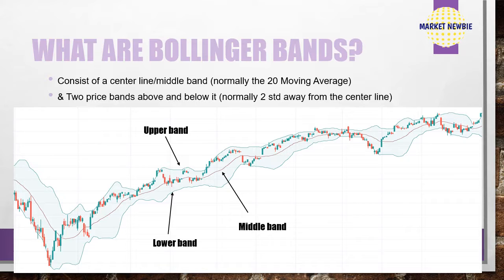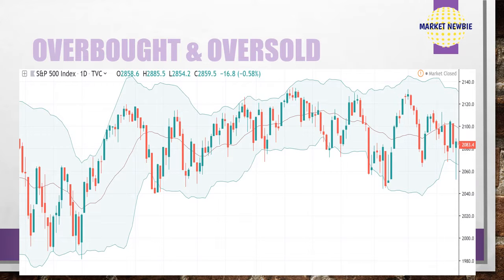There are a number of uses for Bollinger Bands, including determining overbought and oversold levels, following trend, and monitoring for breakouts. A common strategy using Bollinger Bands is to identify overbought and oversold conditions.